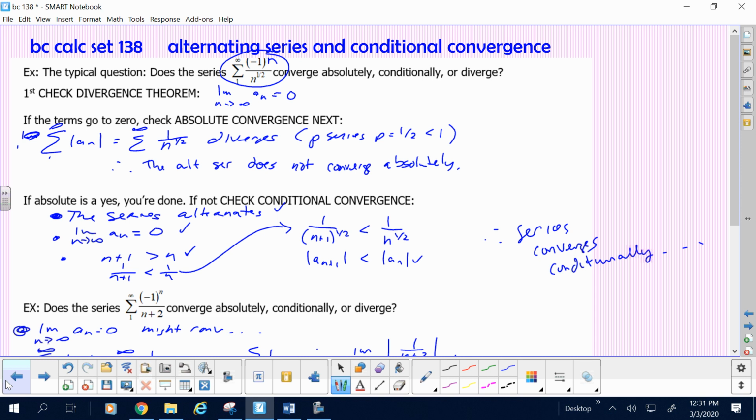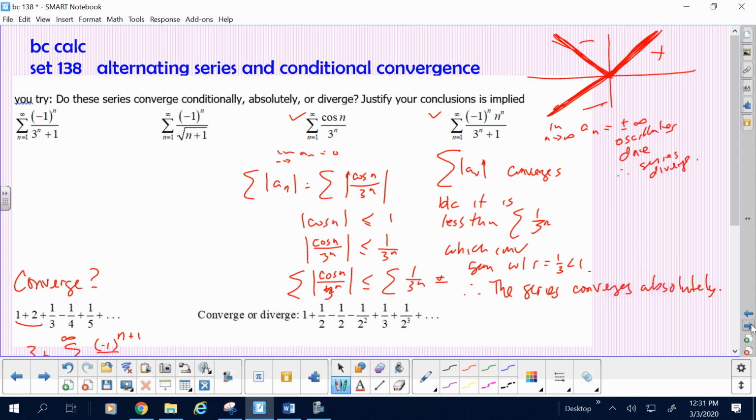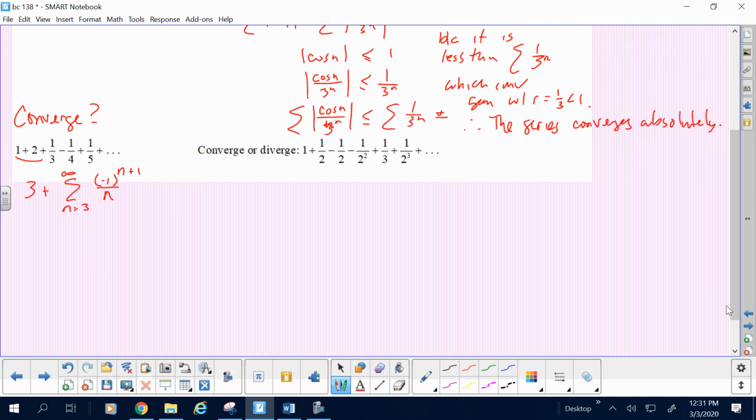You've got to prove it does or doesn't absolutely, does or doesn't conditionally, or diverges. But if it just says, does it converge, then I can look at this and say, well, absolute, what do you think? No. It's not going to go absolutely. It's like harmonic. So I'm not going to even go there because it didn't ask me to get into absolute. It just asks does it converge.